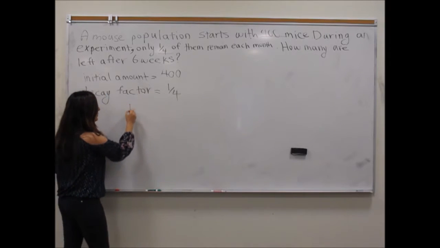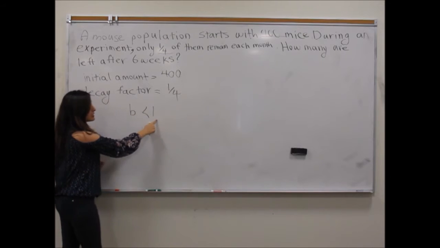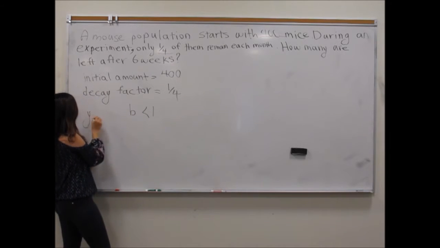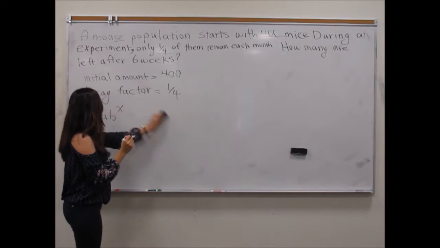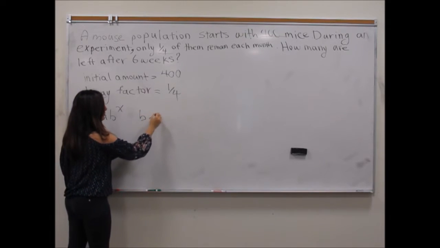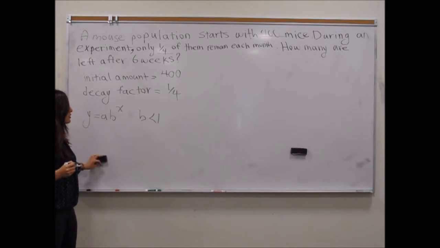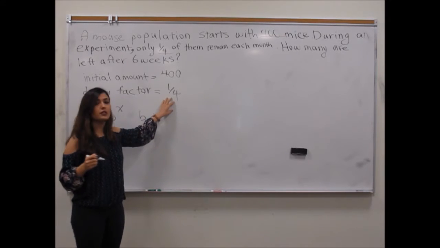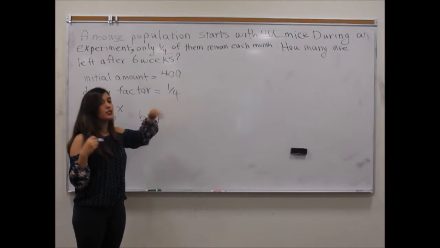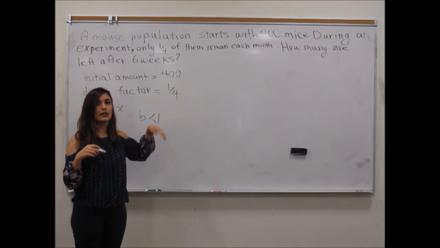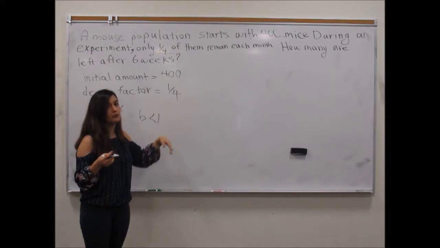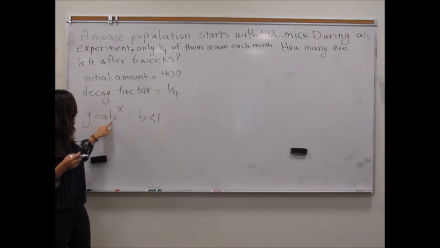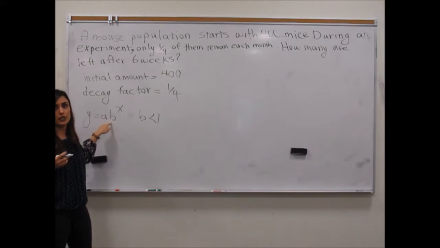Remember, whenever b is less than 1 in the formula y equals a times b to the x, I have a decay factor. So this 1/4 means that each month 1/4 of them remain and 3/4 of them die. But I just need the 1/4 in this question because this b has whatever remains from the initial amount.